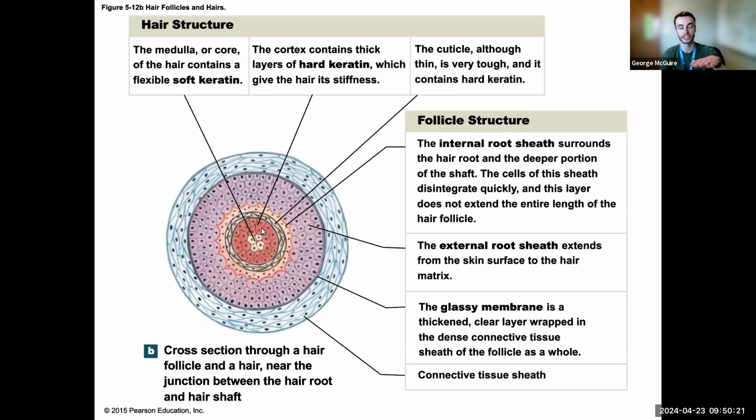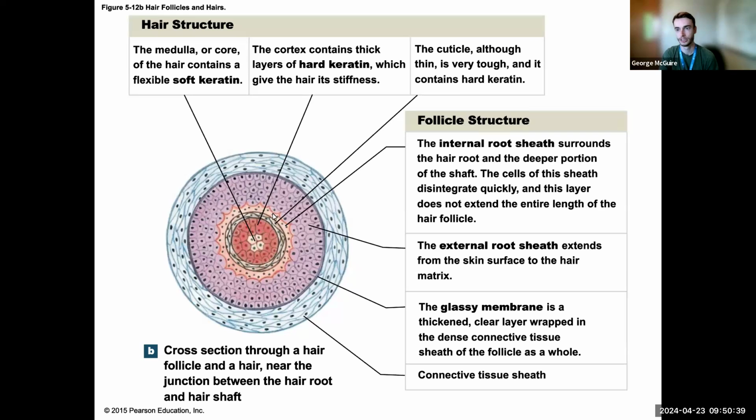Right? We have a cross section here of our follicle, so we're seeing deep within our dermis what this would look like, all the structures surrounding that hair. But just these 3 layers are what make up a majority of what we see on the surface. This is our shaft made up of the cuticle, cortex, and medulla.